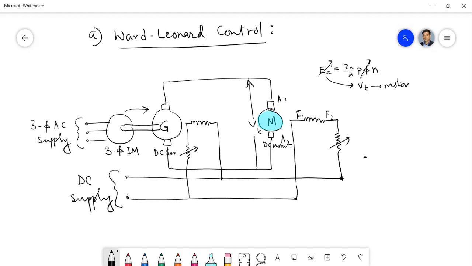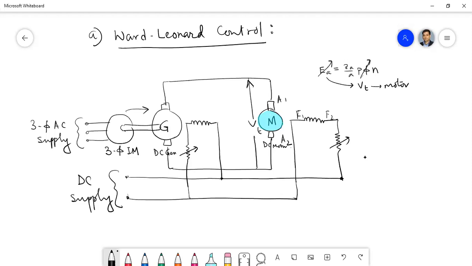Sir, here in the control by varying the terminal voltage, we have used the Ward Leonard system, but can we use a fixed DC supply and a potential divider circuit in this control method?